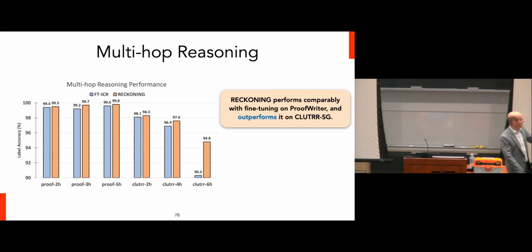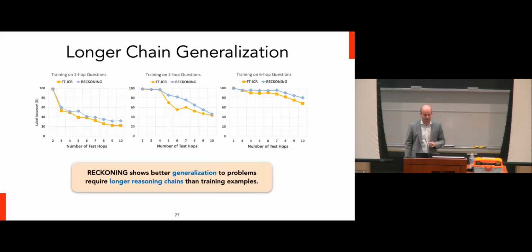Now, what's interesting is that as we start moving into larger hop settings, so we actually need to do 6 reasoning steps or so in order to answer the question, it becomes more effective to encode that knowledge into the parameters of the system, as opposed to just relying on the forward pass of the neural network to answer the question.